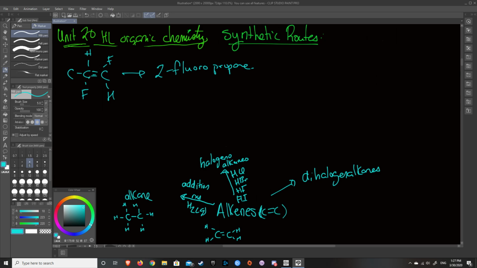In this case, we've got a secondary carbocation versus a primary carbocation. So we know that the fluorine will add to the second carbon, because of Markovnikov's rule. If you don't remember that, you can watch the last few videos, and it'll make a little more sense. So we can have a fluoropropane there.